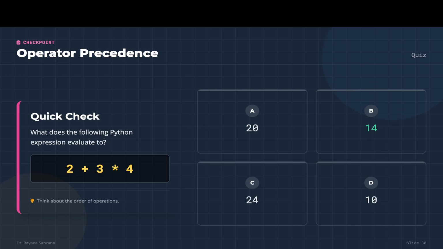Then it calculates 2 plus 12, which gives 14. If you simply read left to right without respecting precedence, you might calculate 2 plus 3 equals 5, and then 5 star 4, which would return 20. That would be incorrect. If you ever want the addition to happen first, you must use parentheses. So it would become, in brackets, 2 plus 3, then the asterisk and 4 outside.